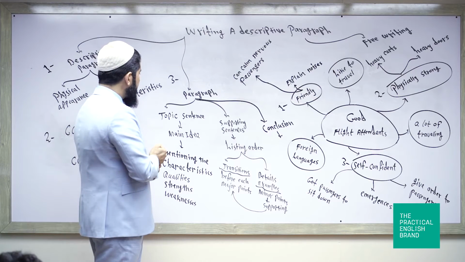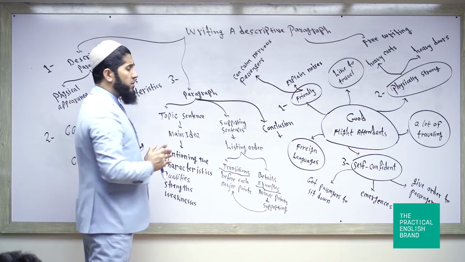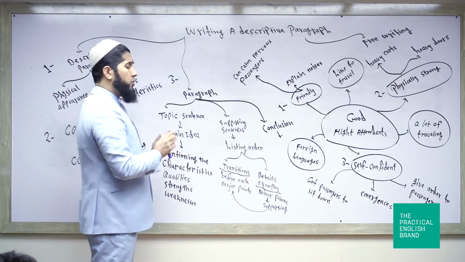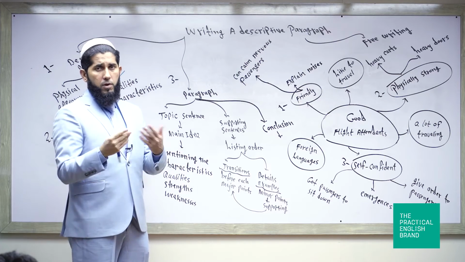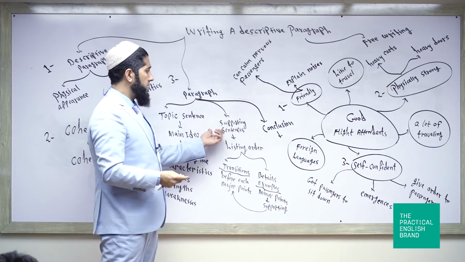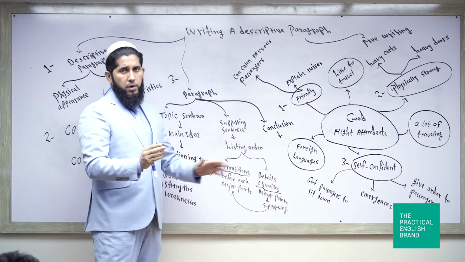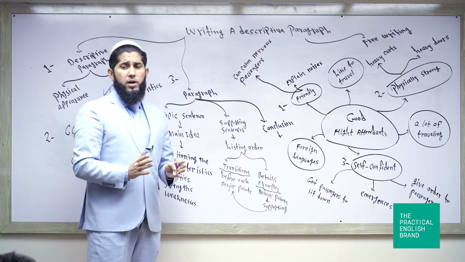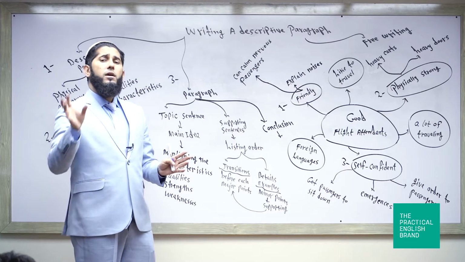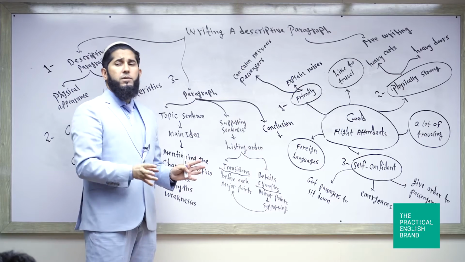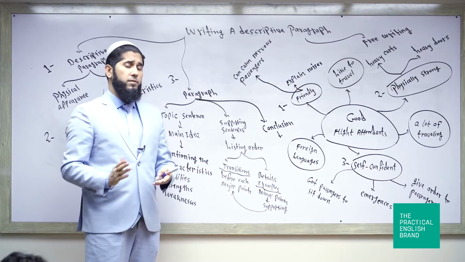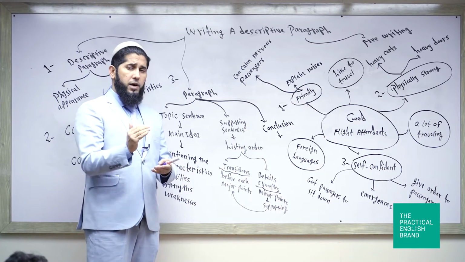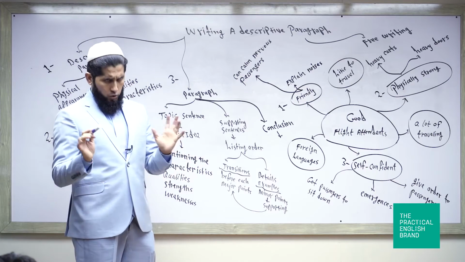And then in this type of paragraph, again, the three important parts of a paragraph are the topic sentence, supporting sentences, and conclusion. But I think I've mentioned this before, that for each type of paragraph, we have different types of main idea and different types of supporting sentences and different types of order in the body of the paragraph and different types of conclusion.